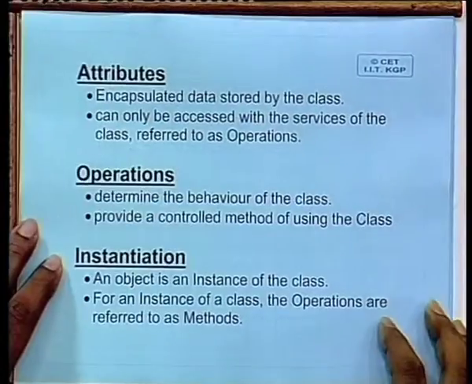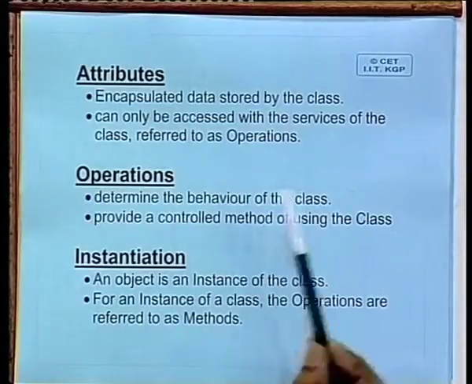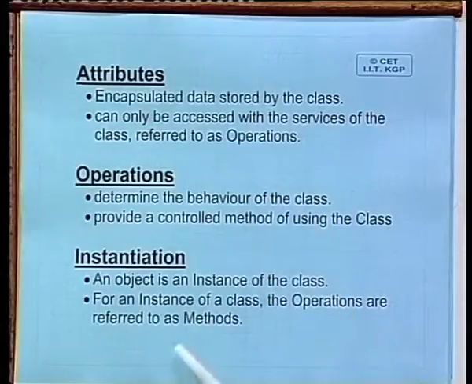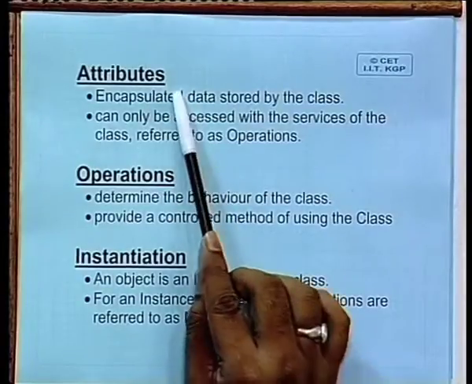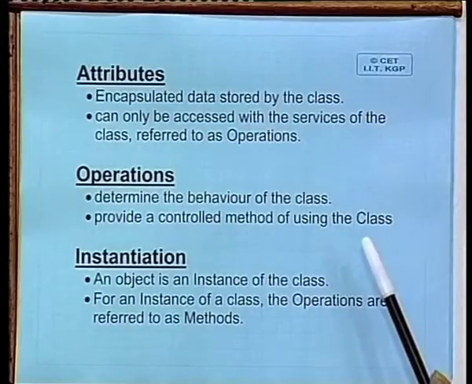We are using many different words, but we should be careful about exactly which words we use. For example, we use the word data and the word behavior; somebody can use the word method. But essentially we shall use attributes and operations for the data and behavior when we are talking about a class.